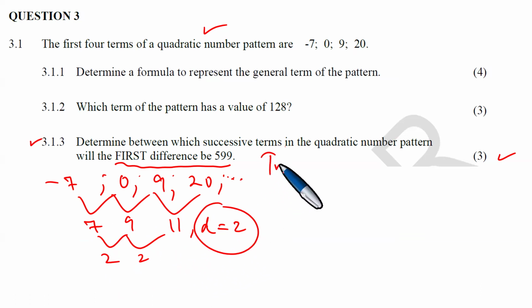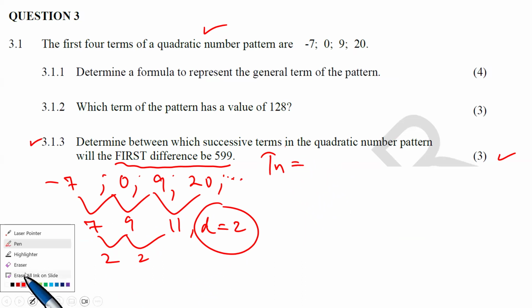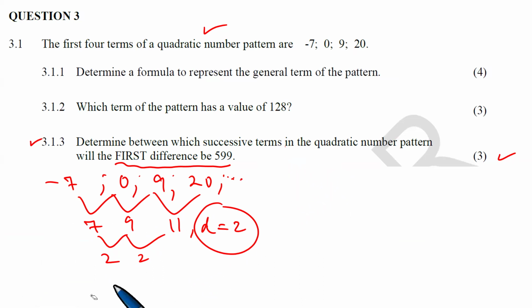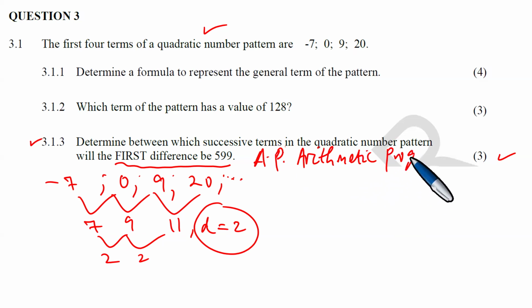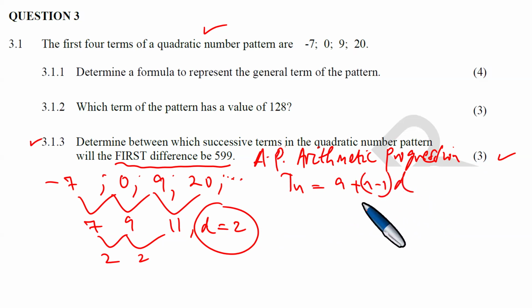Dealing with what we call an AP, an arithmetic progression, think about the general formula for the arithmetic progression: a plus n minus 1 times the common difference.